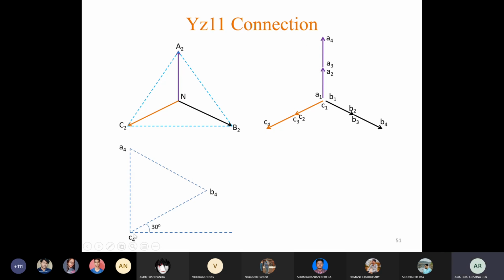Now this C4 B4 will lie in this way, and position of A4 will be here. Previously it was here.